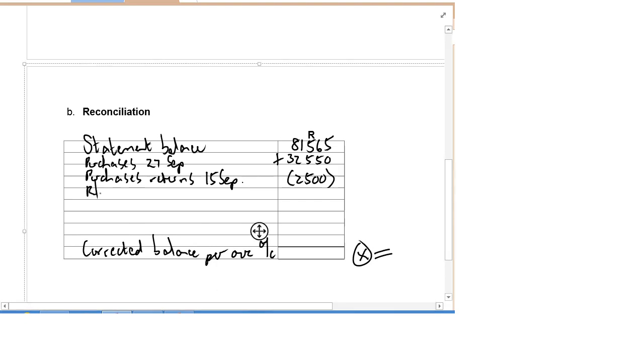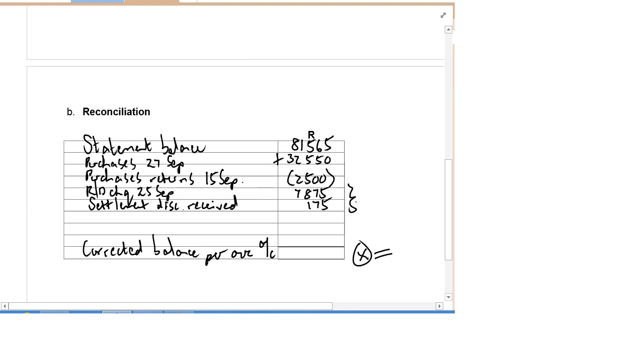So I'm going to write here the RD check. The RD check was on the 25th of September, and that 7,875 is an amount we then still owe them. We previously paid, but now that check got cancelled because it bounced, and we must also reverse the settlement discount that we previously received from them, and these two amounts together add up to the original 8,050 that was owing for that particular payment.